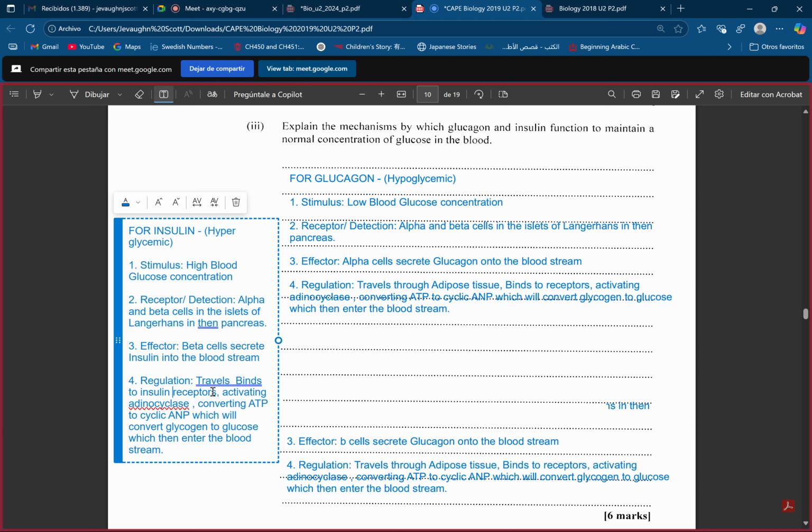No, what organ? That's what I'm asking. The liver. Are we sure? Go ahead, Christine. Liver and the muscle cells. Okay, so we're having multiple responses. All right. So what is the activation? After it binds to insulin receptors, what happens after that?